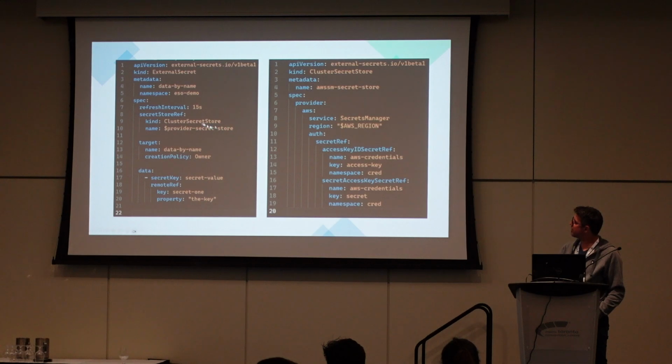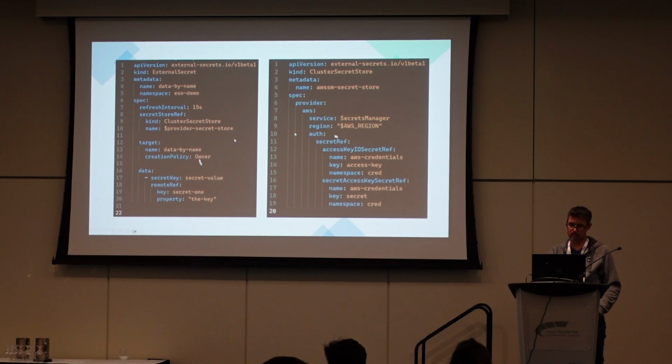The secretStoreRef, which is how am I going to get the actual value for that secret? And then the target. The target is I'm going to create a secret called, in this case, data by name, and it's going to have a key called secret value that is going to come from the key called secret 1 from the ClusterSecretStore that I mentioned before.